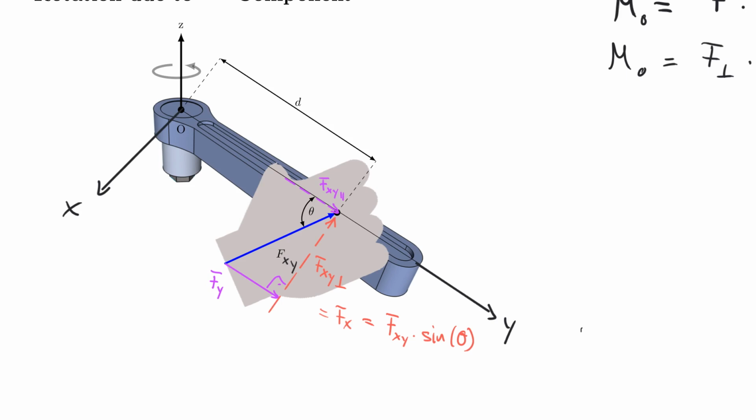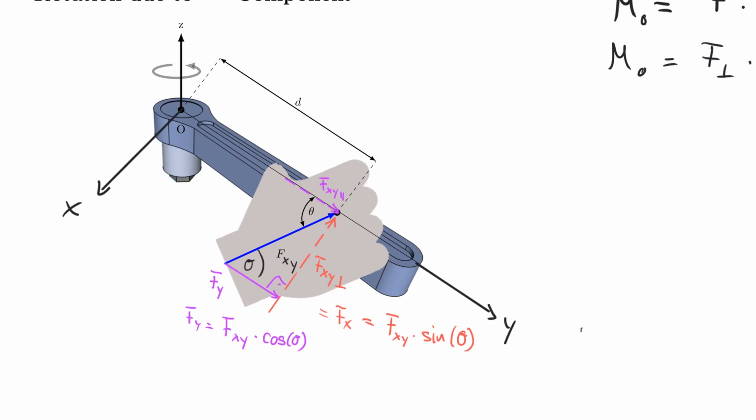So because the theta is actually on the opposite, or maybe let me make that clear here, we have theta here as well. And therefore you can use the sine function. For completeness reasons, although we don't need it today, Fy would be actually equal to Fxy times the cosine of theta.